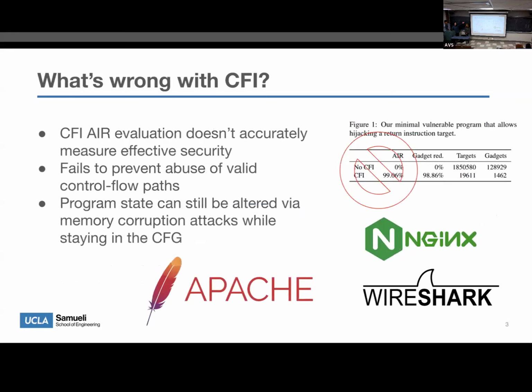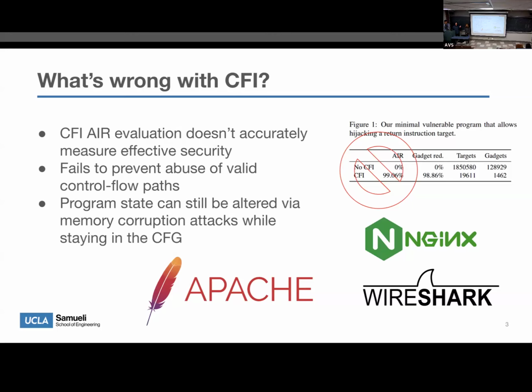Okay, so what is wrong with CFI? Specifically, the metric we're talking about says how effective CFI is in stopping an attacker from reaching addresses they're not supposed to reach. The issue they pointed out was that if you looked at all those recent papers in 2015, every single one had an effectiveness of like 99%, but that wasn't actually a good evaluation of how secure their CFI methods were.